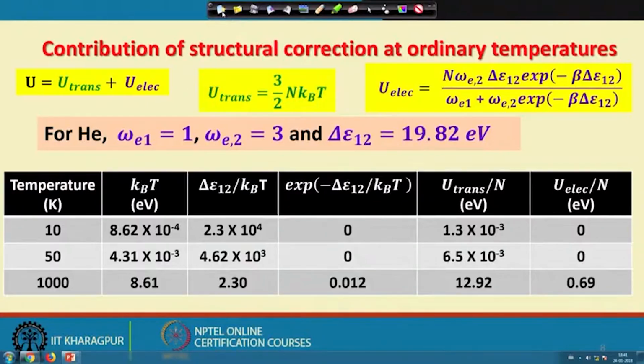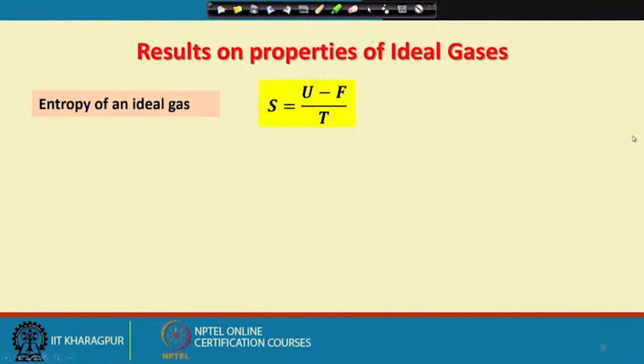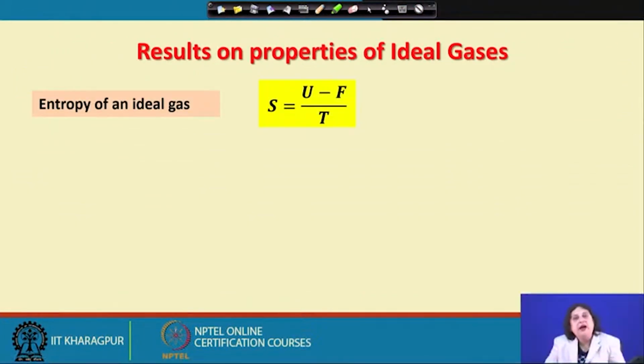With this background in mind, let us now go ahead and talk about the entropy of an ideal gas. The way we will calculate this quantity is, at this point we know what u is and what f is in terms of ln q.